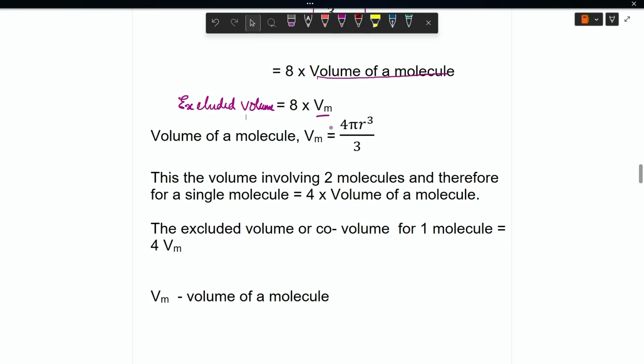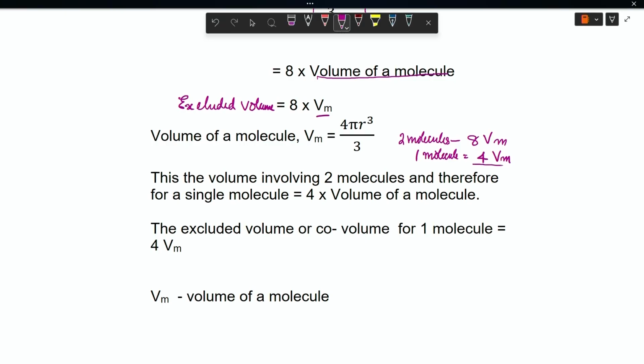Now, this is when I have considered the collision between two molecules, and this excluded volume is for these two molecules. For two molecules it is 8 Vm, so for a single molecule it will be half of that, which is 4 Vm.